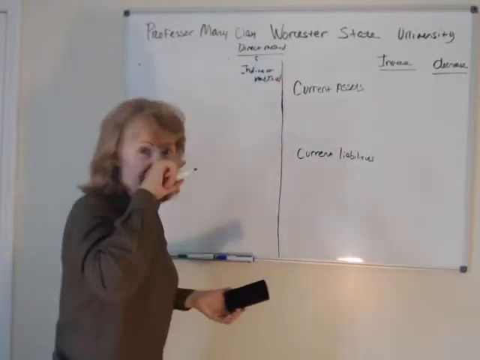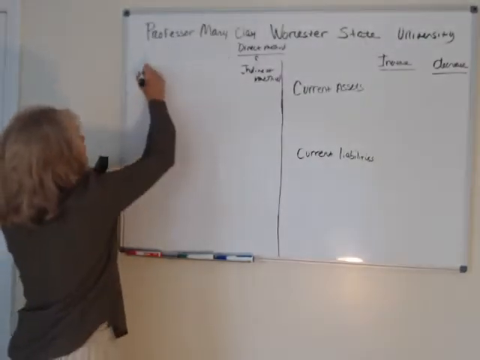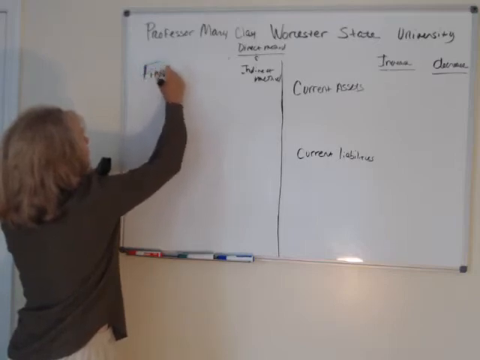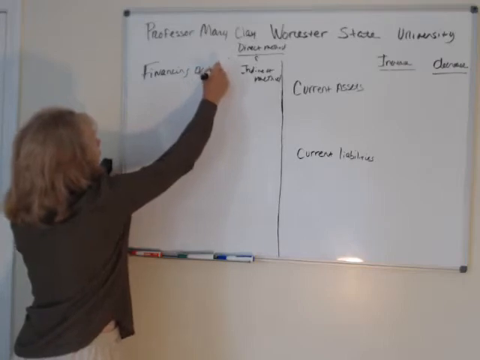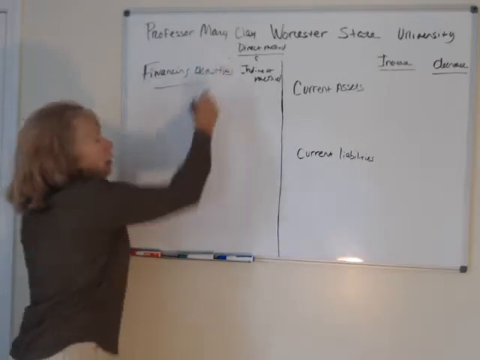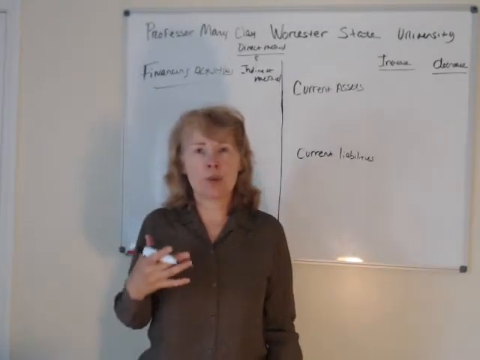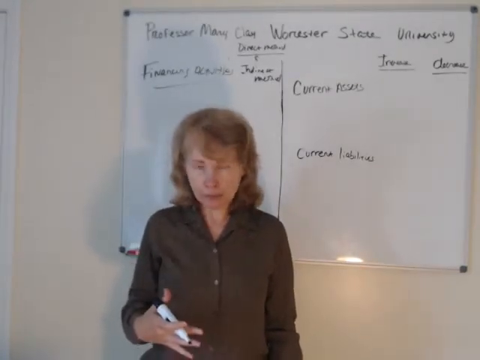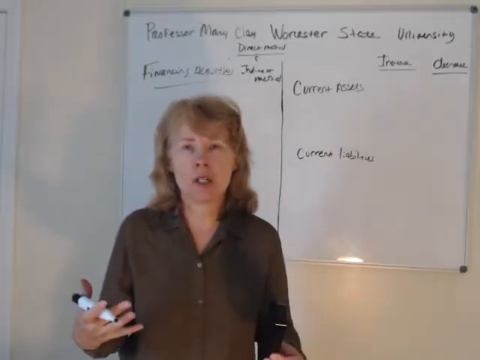Okay? All right, now let's go over the financing. Here are the financing activities. Before we begin, all these types of items will go into financing. Bottom line is you're trying to get money for your company.